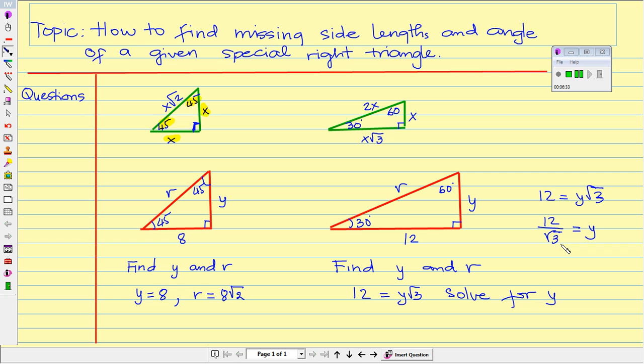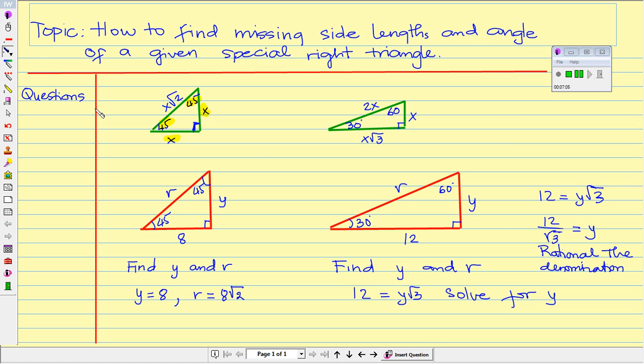From now on, if we have a square root in our denominator, I want you to do one additional step. It's called rationalize the denominator. Let's make a note right here: rationalize the denominator.